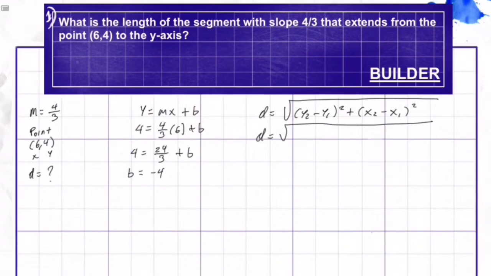I will leave a link down below so you can download the handbook. So substituting on the equation, we had that the square root of 4 minus -4 to the power of 2 plus 6 minus 0 to the power of 2. We have, if we calculate it, the result is 10, the answer.